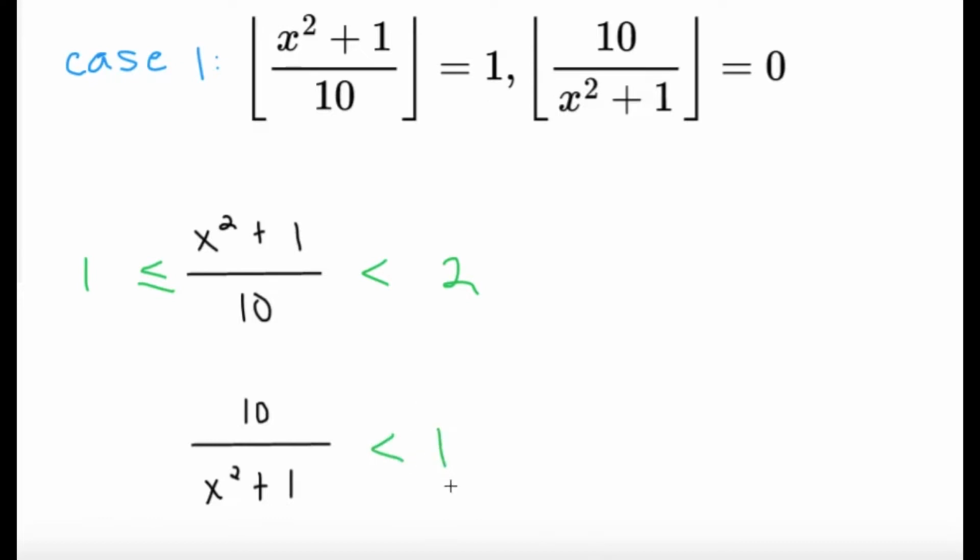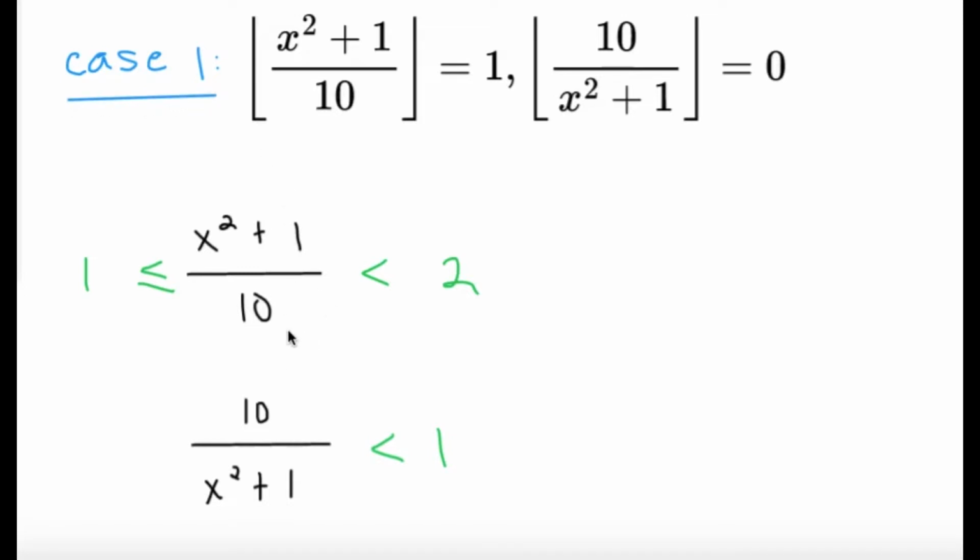So I'm just going to say it's going to be less than 1. In effect, these two are now inequalities. So the intersection of these two inequalities will be the solution for case 1.